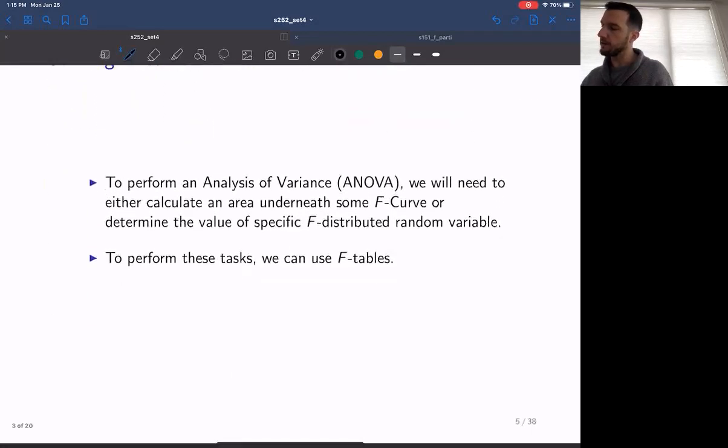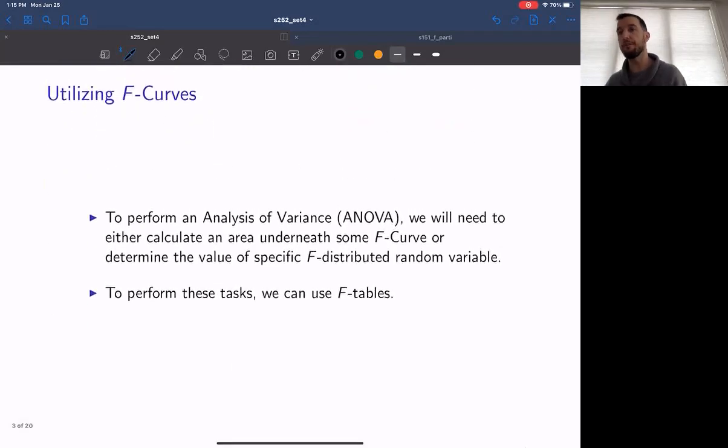Okay, so to find p-values and critical values, we have to learn how to use what is called the F table. So like with the student T curve, you have the T table. With the standard normal curve, you have the standard normal table. With the F curve, we now have the F table. The F tables are actually split across 8 different pages, and they are available on the course website.